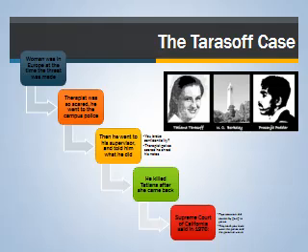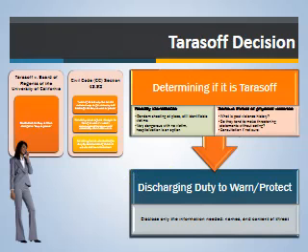So he was actually in trouble for not warning her. So the Tarasoff decision is two things. Is the client readily identifiable, and is there a serious threat of physical violence? If those are both there, there is the duty to warn and protect. And you need to go to both the police and the victim themselves.